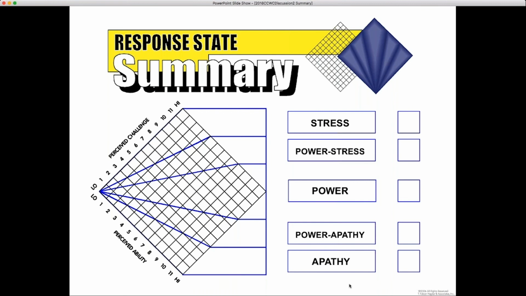So the need for power stress was appropriate in that context. We just have to keep our awareness up. Yeah. I don't think every coaching session should be in power stress. There are times where it may not be appropriate. So what does power look like for a coach when you're in power?